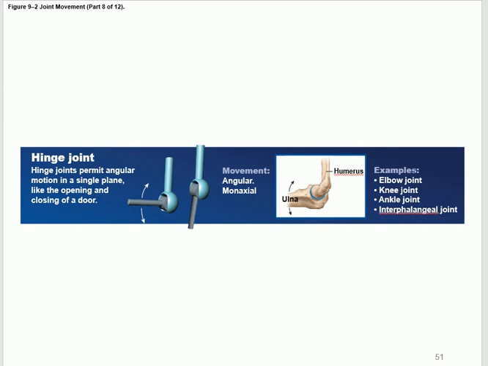Hinge. Here is a hinge. Hinge is like this. Do you guys remember the ulna with the trochlea? Remember this joint? Yes, this is exactly the hinge joint. And what does it allow? Just one axis only, monoaxial. And the best example is this joint. What is the other joint that also has monoaxis?